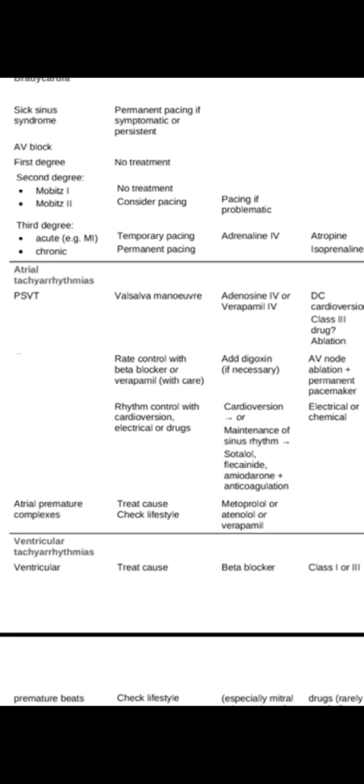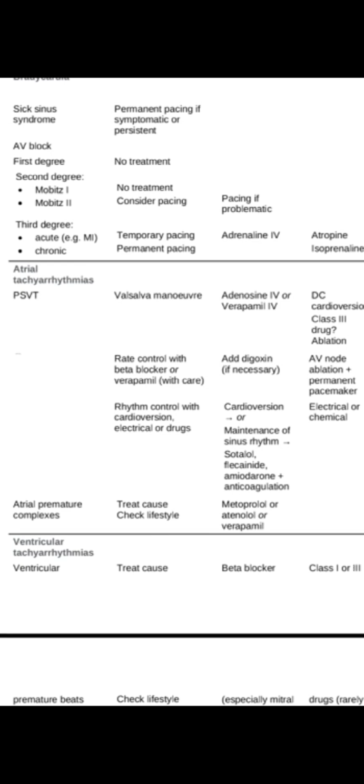If the patient is hemodynamically unstable, we have to do DC cardioversion. If the patient is pulseless, we have to do CPR. If the patient is hemodynamically stable, then first of all go for the Valsalva maneuver, followed by IV adenosine or verapamil, and the third line would be DC cardioversion.